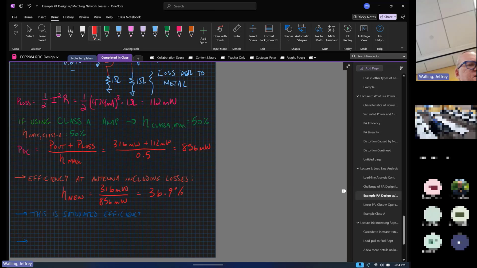All right. This is the saturated efficiency of the amplifier. As we start to back the power down and use modulation waveforms that have peak to average power ratios, we're going to operate it at an average power that's much less than its peak power, and it's going to get less efficient.